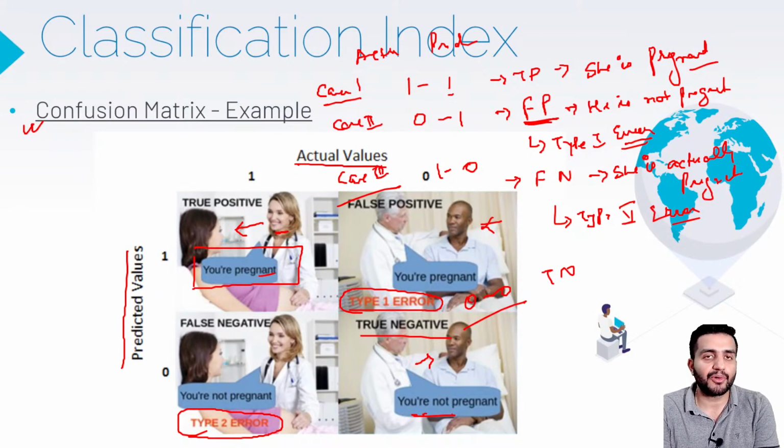Even type 1 is a problematic thing. Look at this. He does not have cancer, but I diagnosed him as having cancer. I started his chemo and all the medicines. Even that is dangerous. Even he will die post that. Do you think it is advisable? So both of these situations are not ideal. Type 1 error and type 2 error, they both are dangerous.